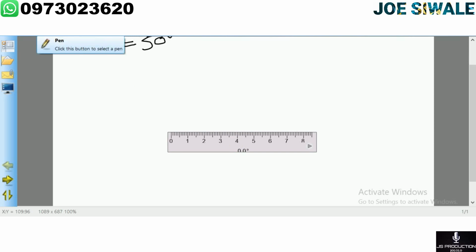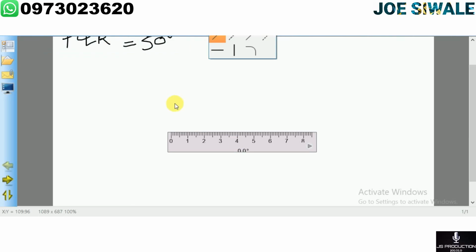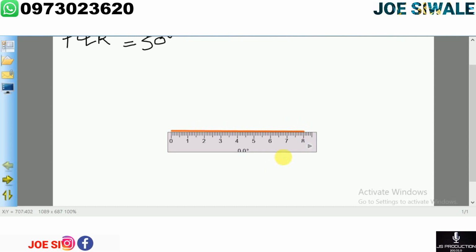So from 0 there, I'll measure my 8. So that's 8.